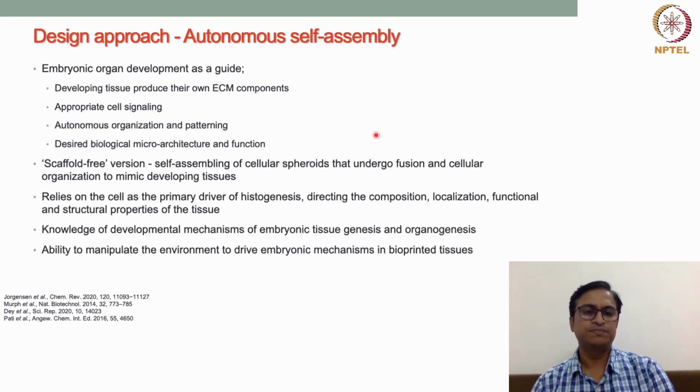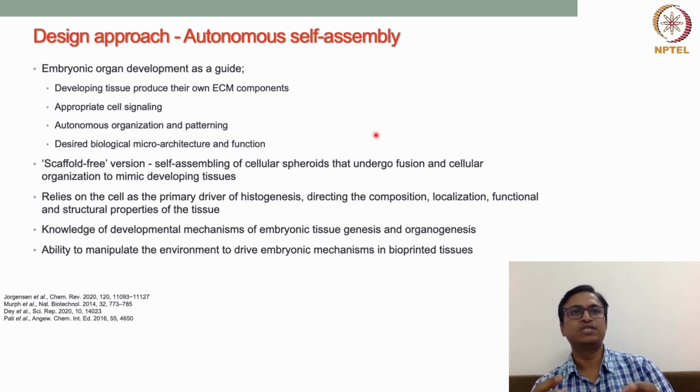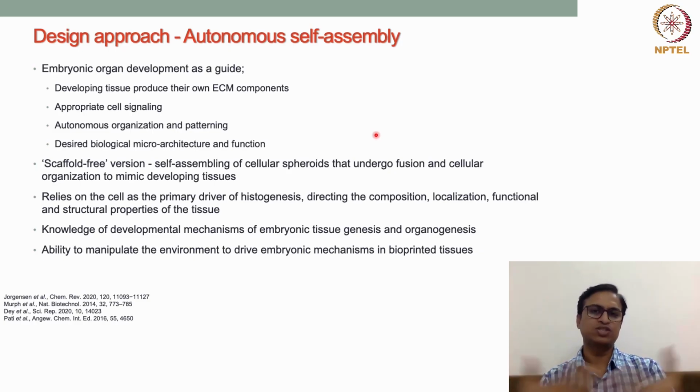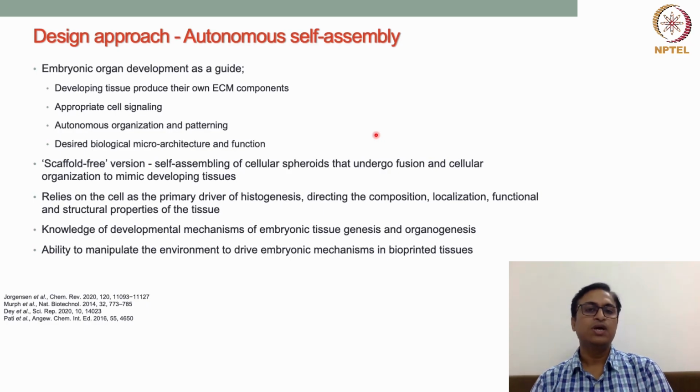Next design approach is autonomous self-assembly. Self-assembly is when you put cells together, and they have the intelligence to assemble with each other, form groupings, and then start the tissue building process. So that process can be autonomous.